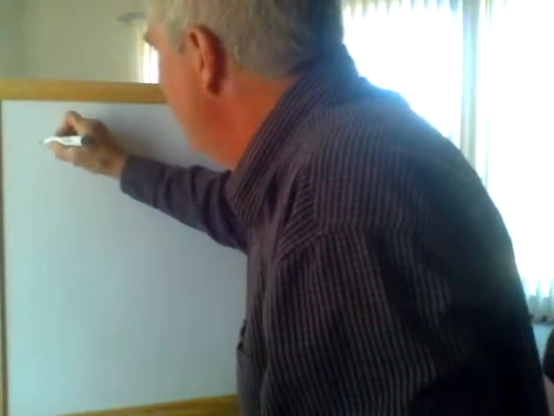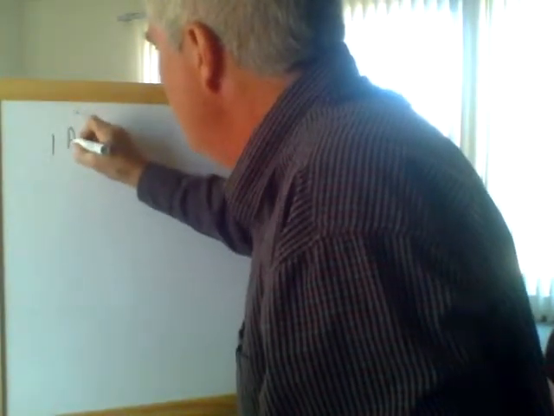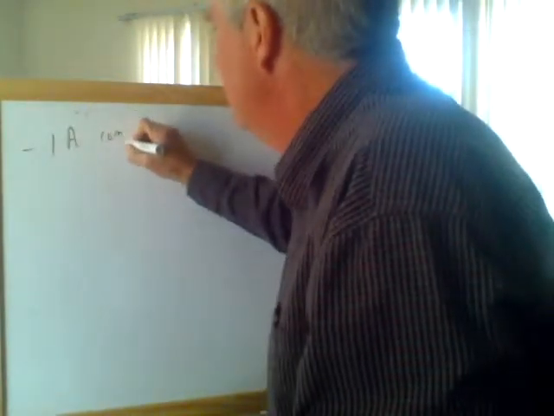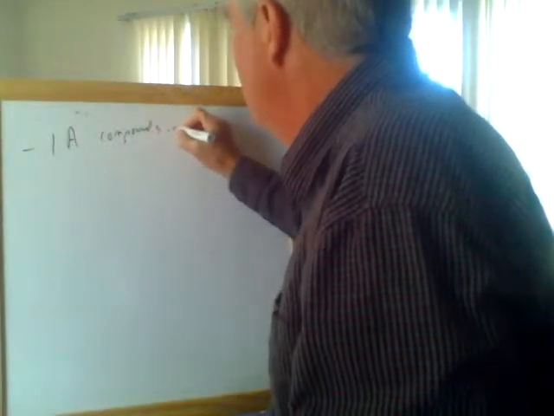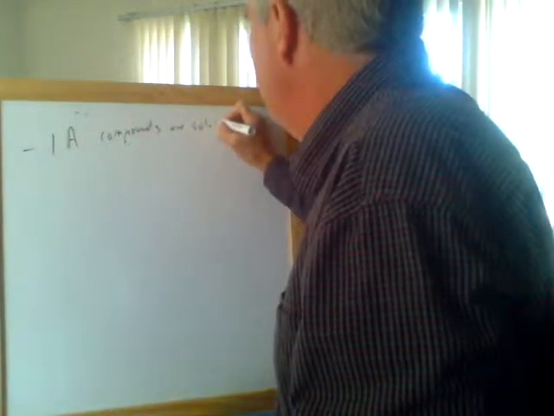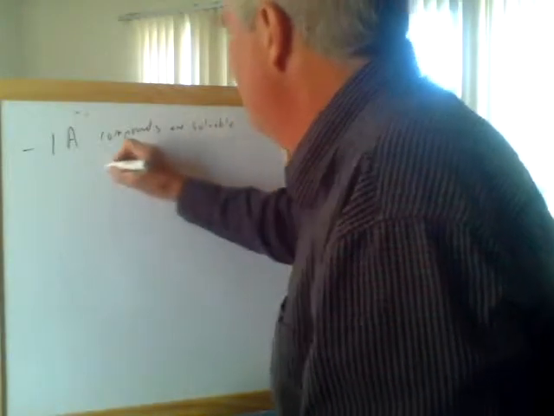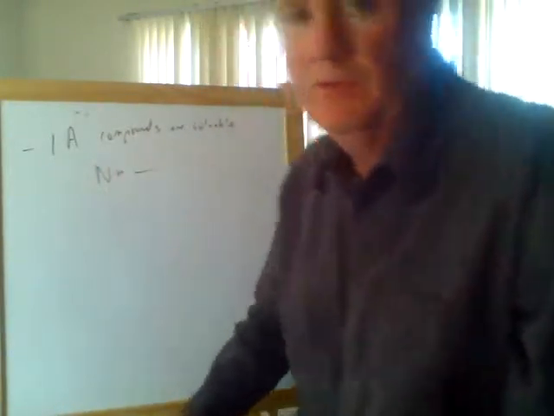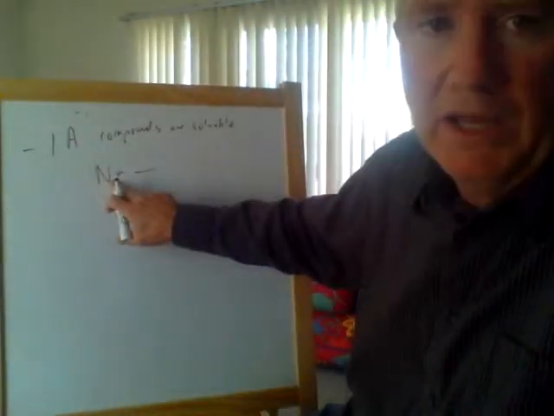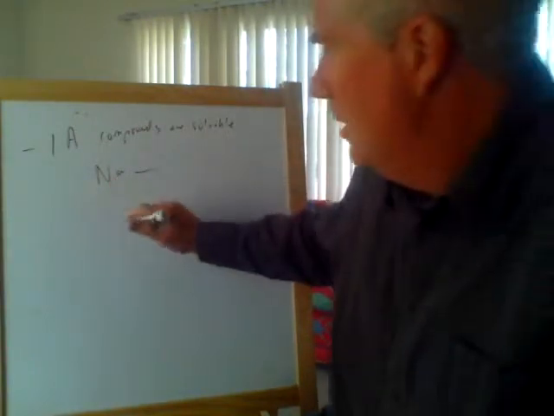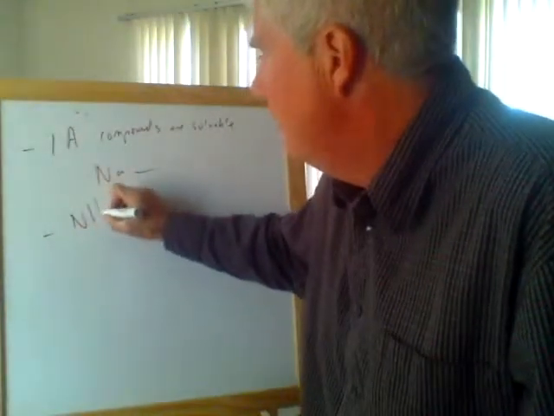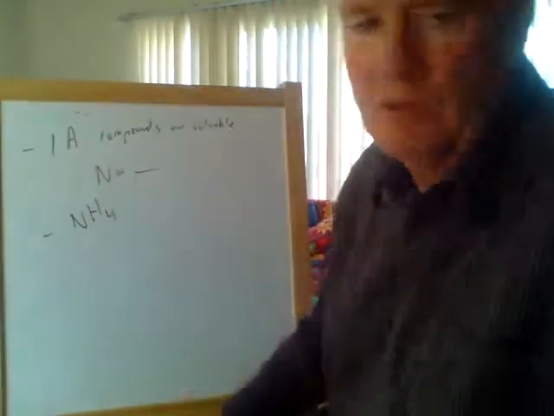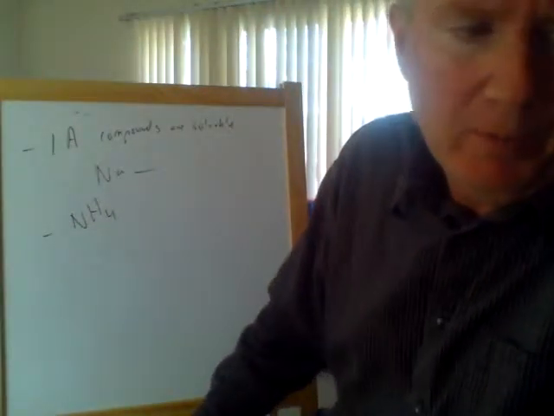To put the rules in a nutshell, it basically says that 1A compounds are soluble, meaning sodium and something else is going to be soluble, sodium being a 1A compound. Similarly, ammonium compounds are also pretty soluble.